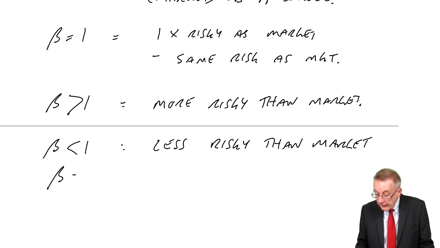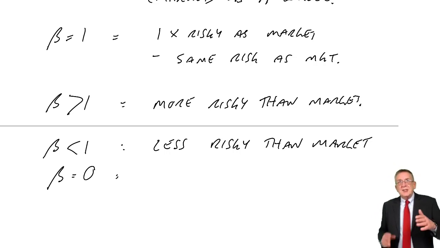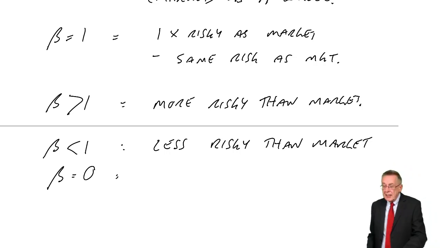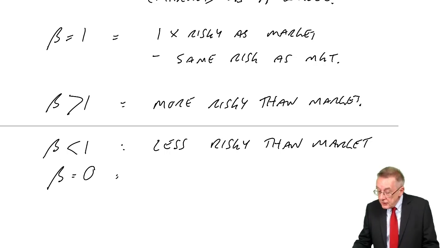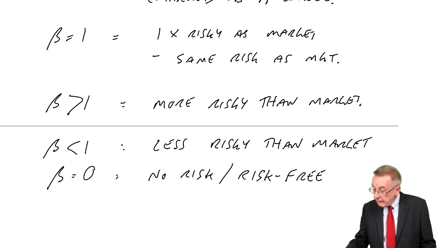And finally, if we had something with a beta of 0, it's 0 times as risky as the market. Well, we say there is no risk, or the word is risk-free.